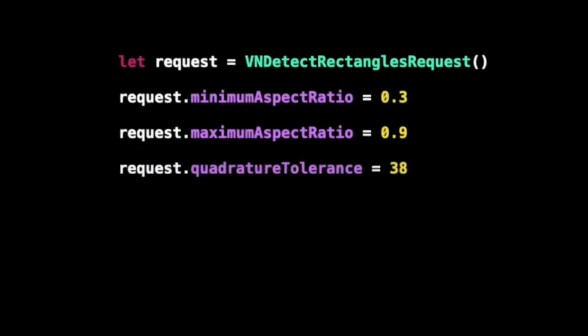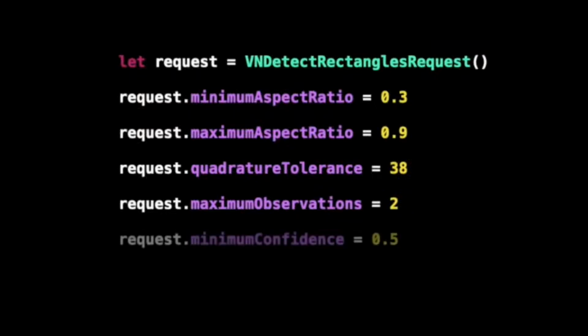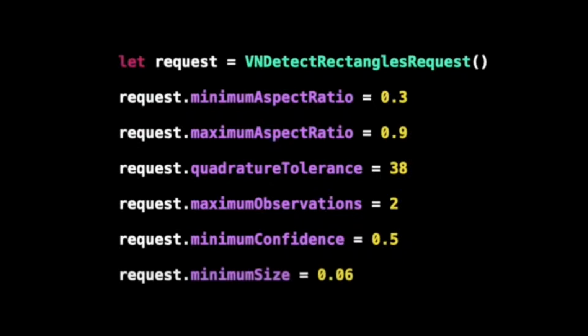Quadrature tolerance controls how slanted a rectangle can be. Maximum observations controls the number of rectangles to detect in a single video frame. Minimum confidence is the likelihood that a result actually is a rectangle. And finally, the minimum size controls how large a rectangle has to be before it is detected.